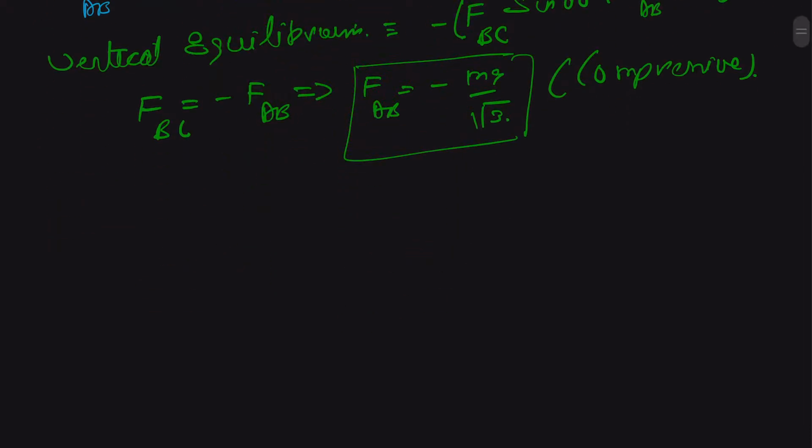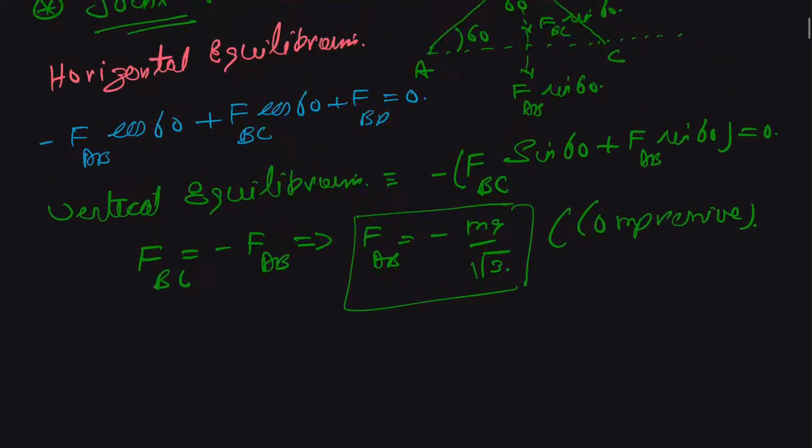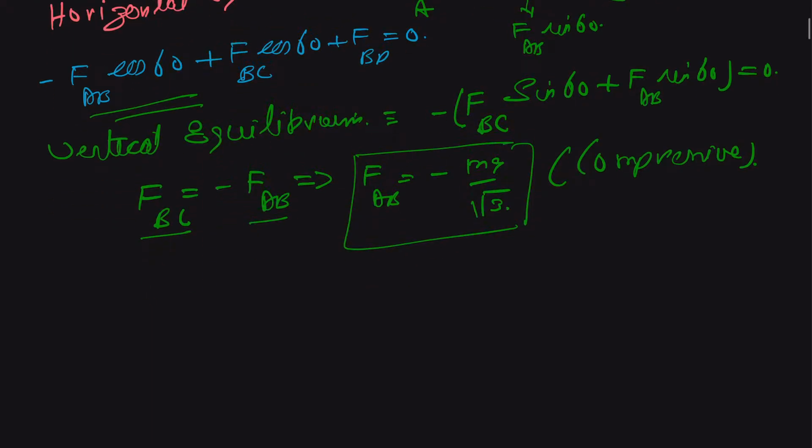And we can furthermore substitute in this equation FBC is equal to minus of FAB and solve it. Okay, let us call this equation number 1.